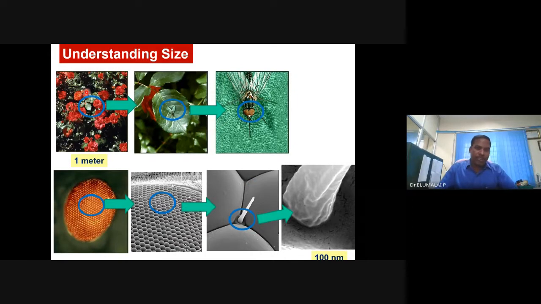I'm an old man, as I told, 45 years, not able to see any insect. There are young minds who will be able to witness there is a bee at a distance. If you approach closer and closer, very fascinating features associated with this insect can be seen.